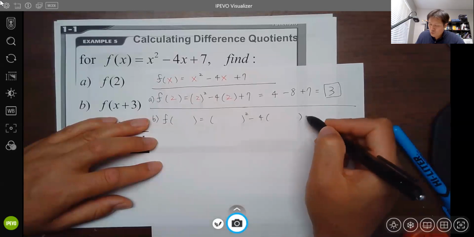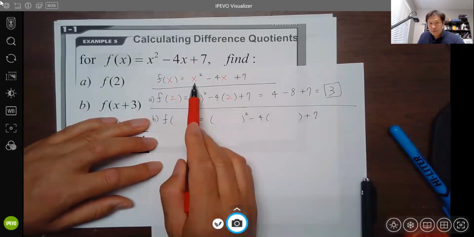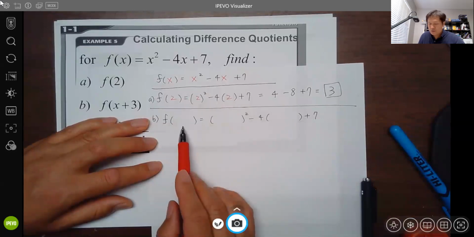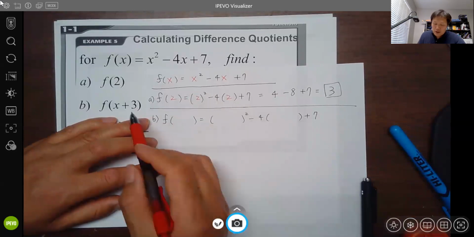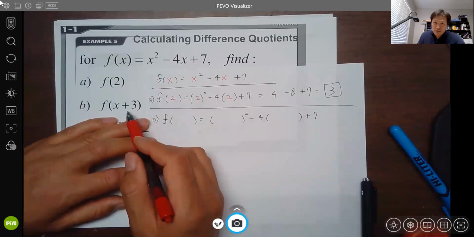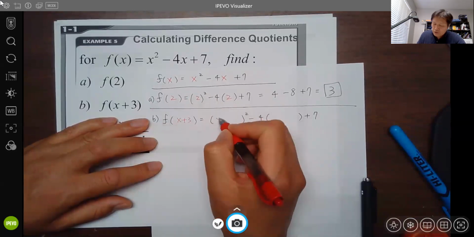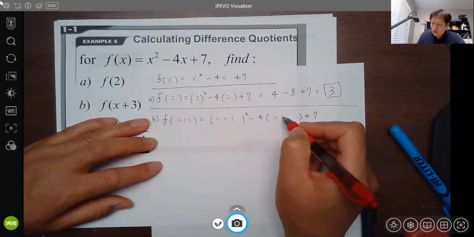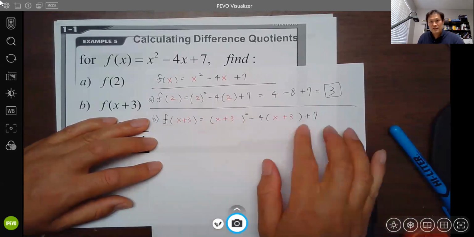Wherever x appears in the function definition, just plug in a parenthesis instead. What happens to be inside the parenthesis for this particular question? x plus 3. Then I write x plus 3 everywhere in a parenthesis. So your setup is done.